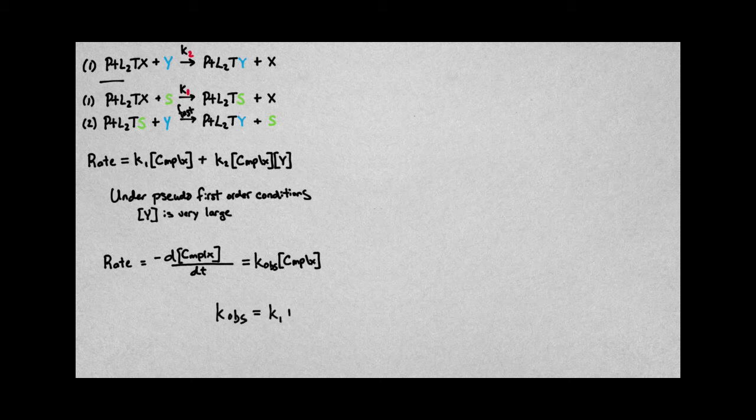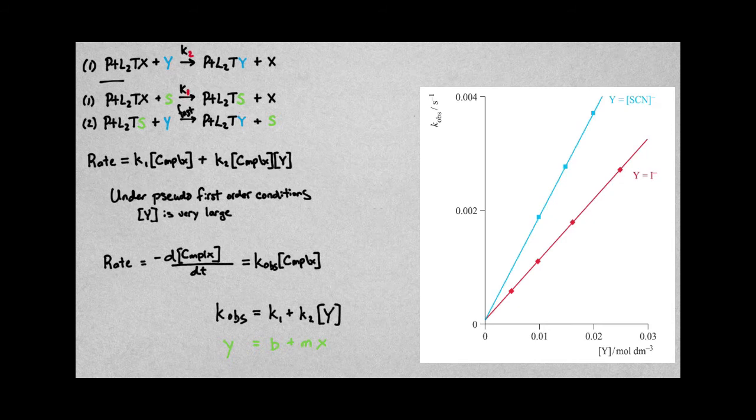Under these conditions, the K observed is equal to K1 plus K2 times the concentration of the incoming ligand. So under these conditions of excess, we can plot K observed versus concentration of Y, always in excess, but we keep making that concentration larger and larger.